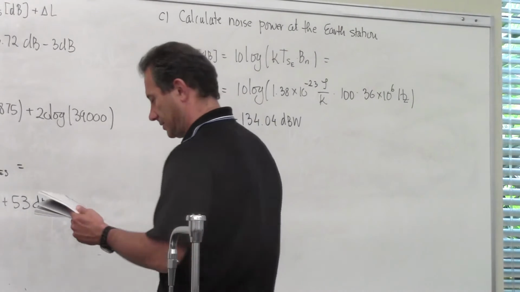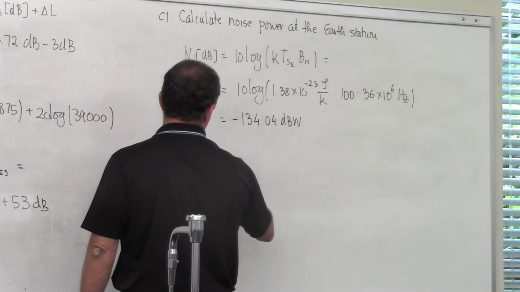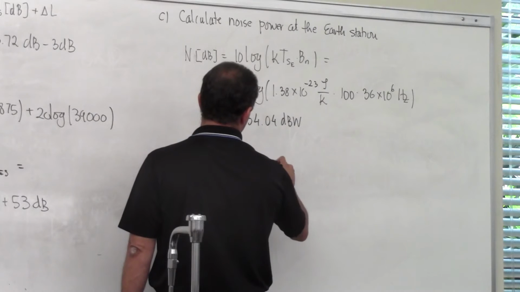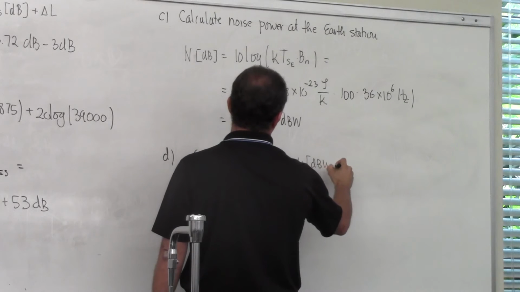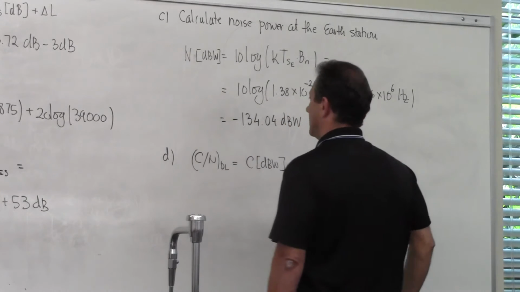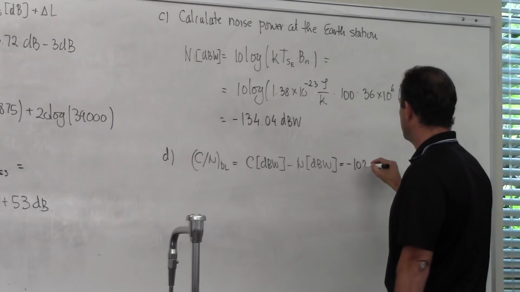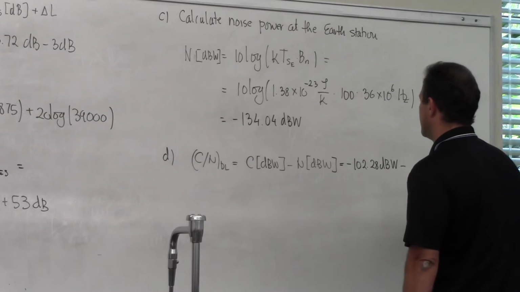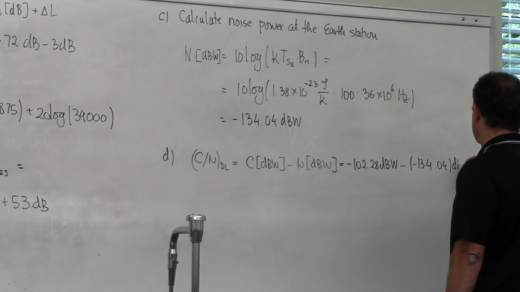Now, what is the C to N in this case? C to N on the downlink is equal to C in dBW minus N in dBW, which in this case ends up being minus 102.28 dBW minus minus 134.04 dBW.